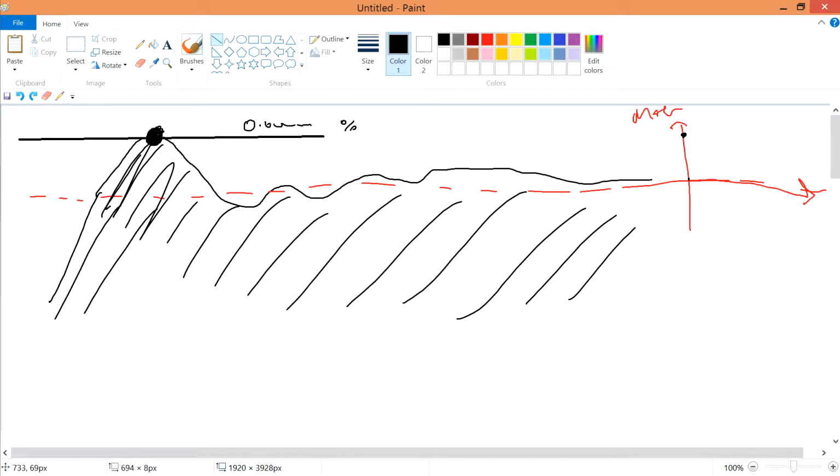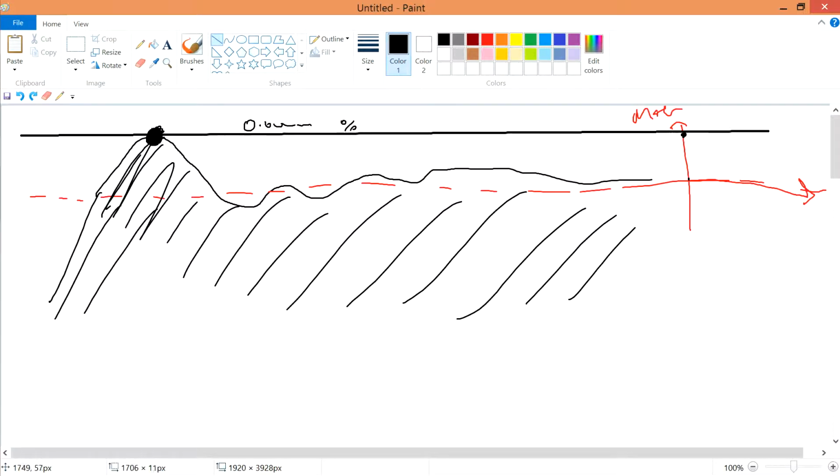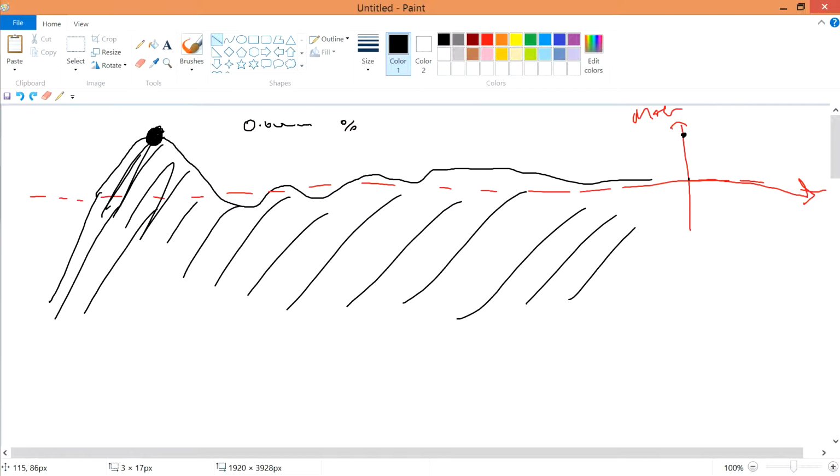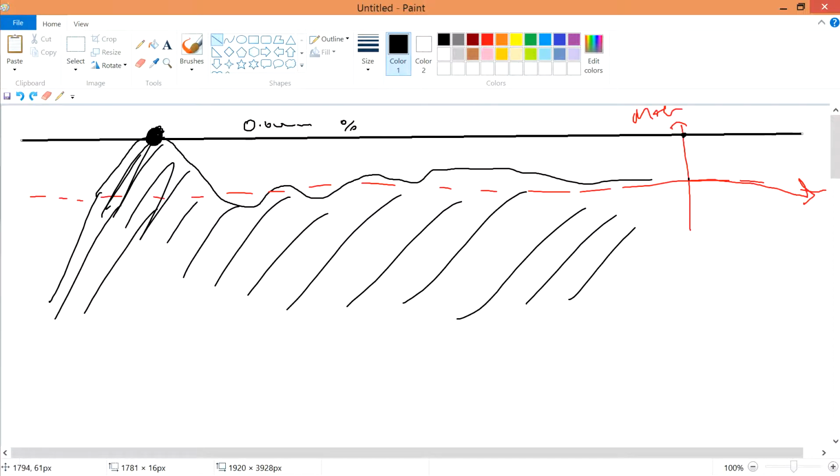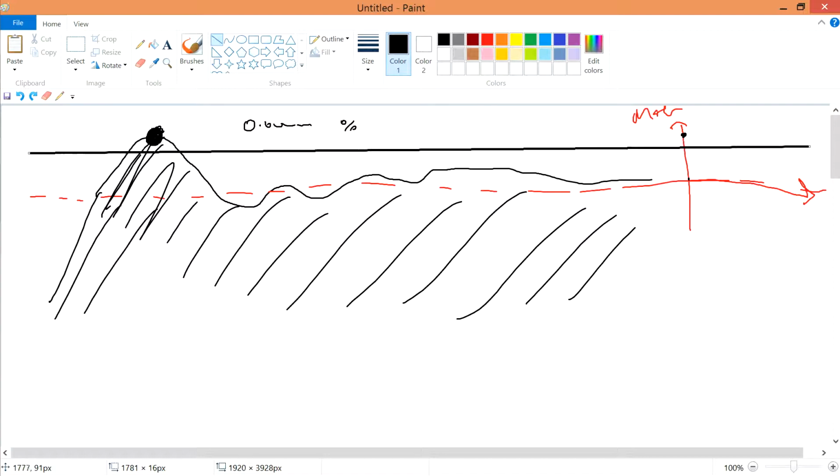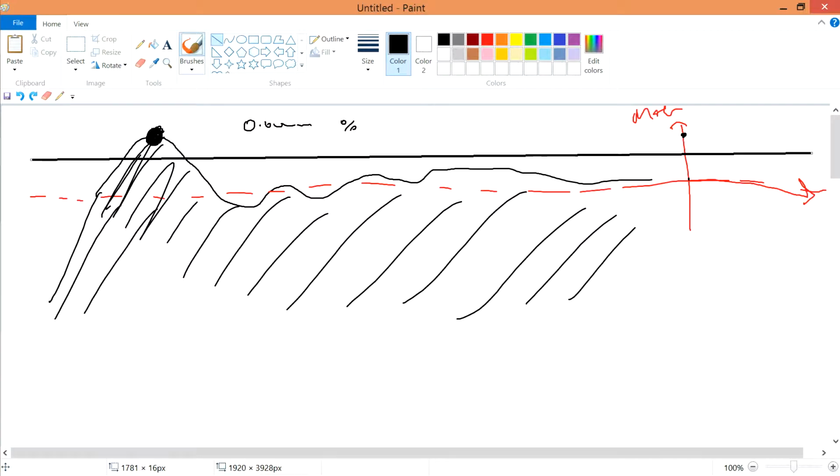As you go down, imagine you have this line. At this line it starts to go down, and as you can see, there are more materials now at these particular points.